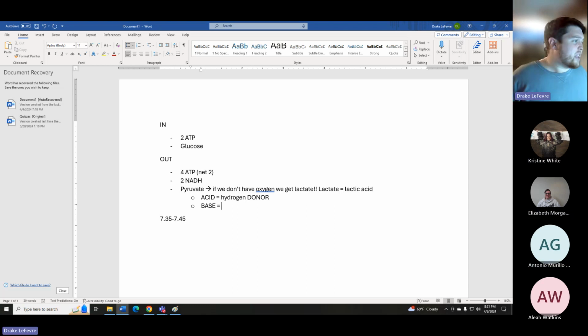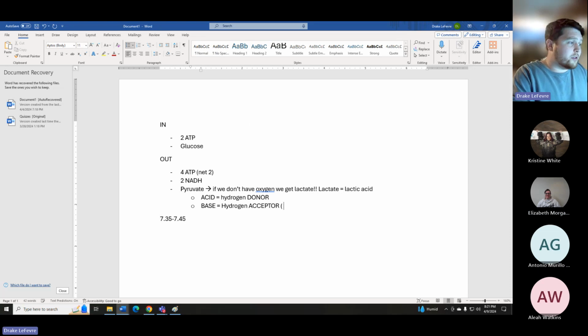If you get this idea, you'll be miles ahead when you get to Phys 1 next trimester. So if an acid is our hydrogen donor, what's a base? A hydrogen acceptor.